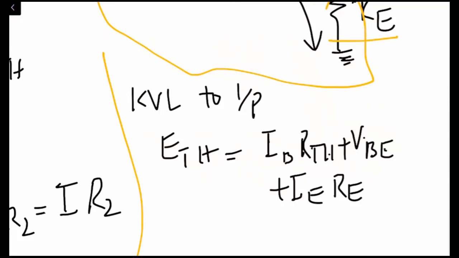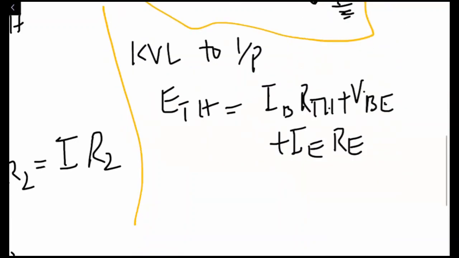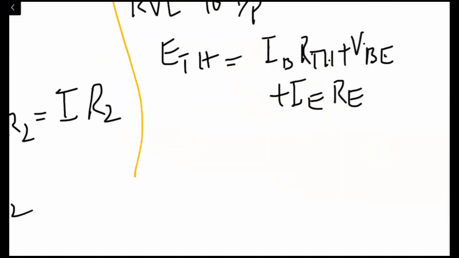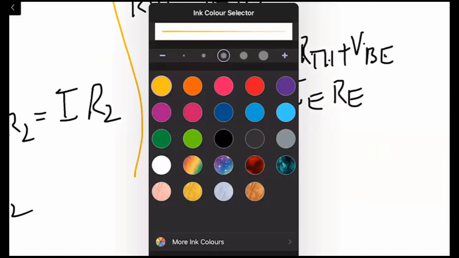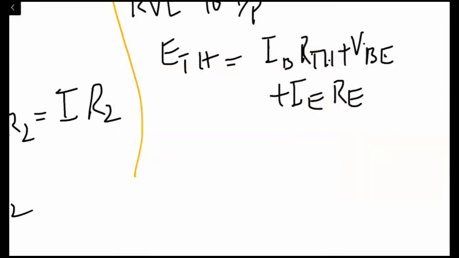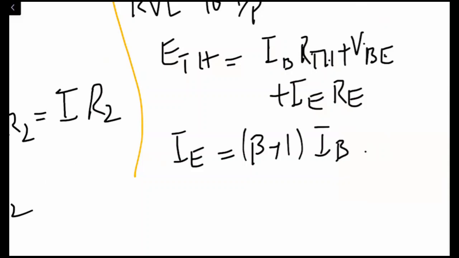And we also know from our previous knowledge that if we want to simplify this equation, IE is equal to beta plus 1 times IB. Everybody is fine with this? Yes, sir. And we can replace the IE in the equation with IB.